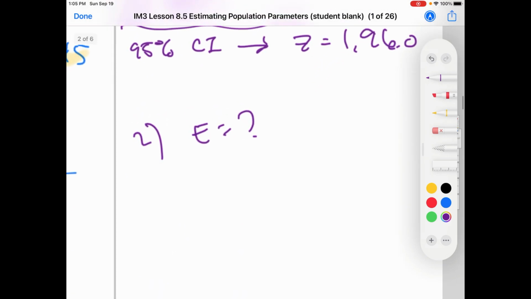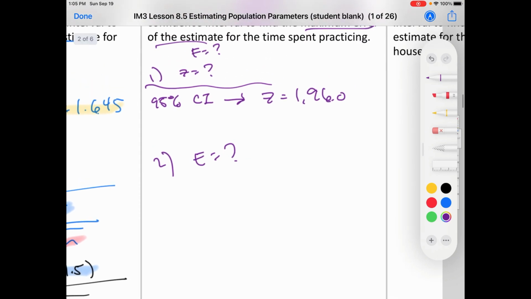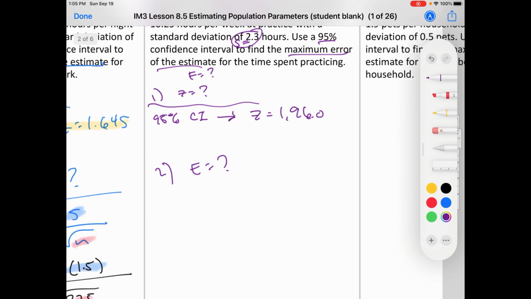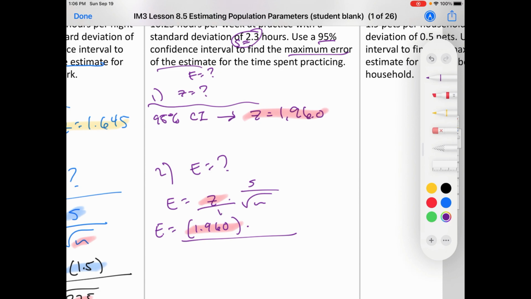And to find our margin of error, our maximum, I know we're saying maximum error of estimate, that's just E equals Z times S over the square root of N. And so my Z is 1.96 times, remember that you're not making Z a fraction, so it's just Z times S. So my S value is 2.3.